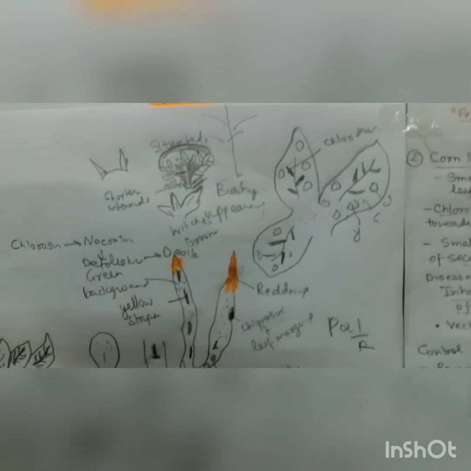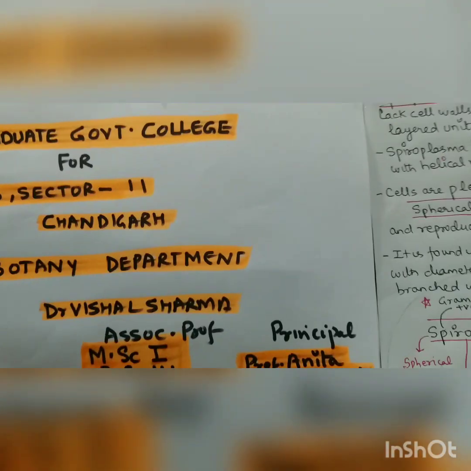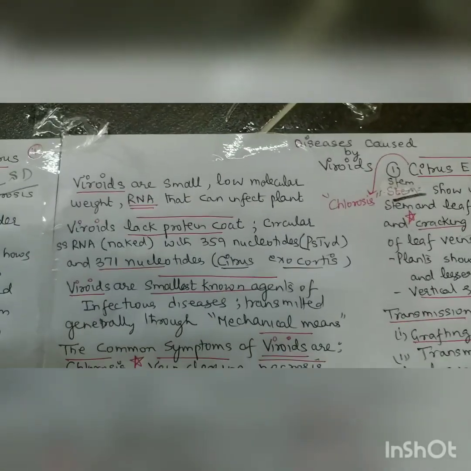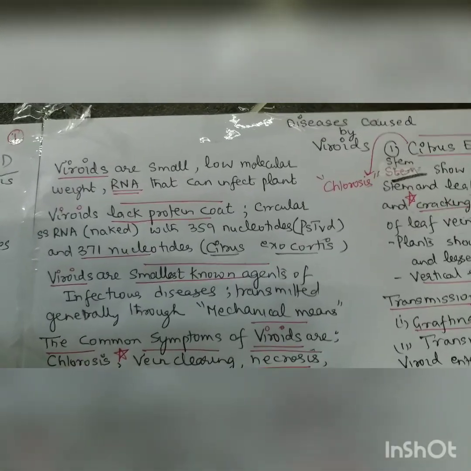We did the Spiroplasma diseases, and I hope you understand all the diseases very clearly. If any problem, you can contact me. Right now, I am doing the viroid diseases. So viroids are small, low molecular weight RNA molecules that can infect plants.